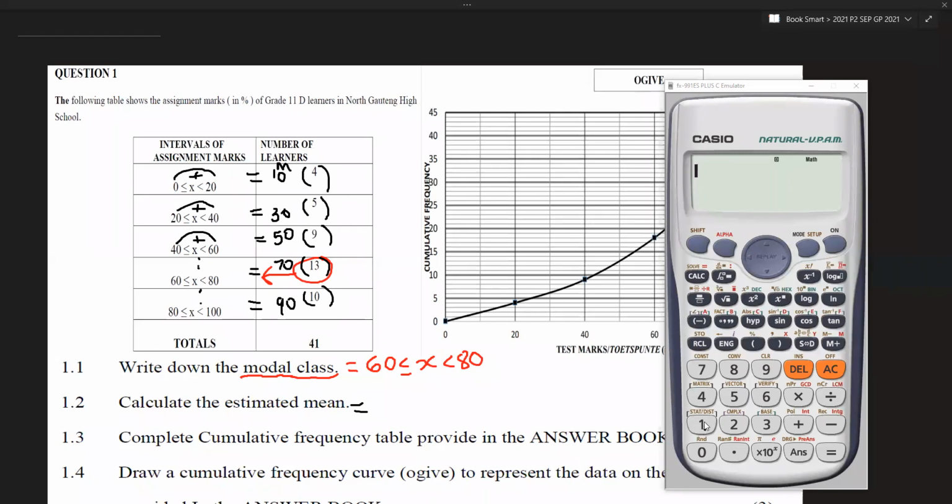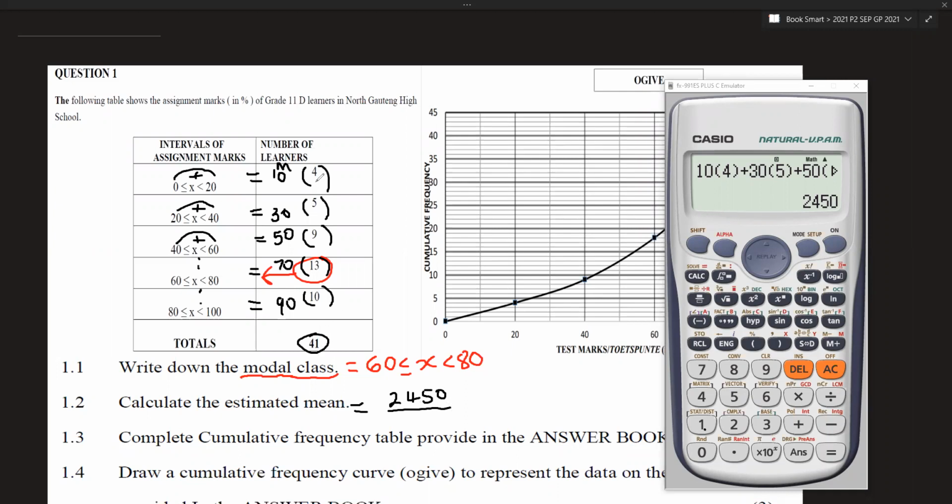We take the midpoint, multiply by frequency, which is 5, and we do that for the rest of the data. 50 multiplied by 9 plus 70 multiplied by 13 plus 90 multiplied by 10. And that gives us a total of 2450, all over the total frequency.